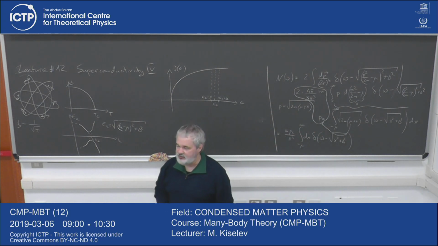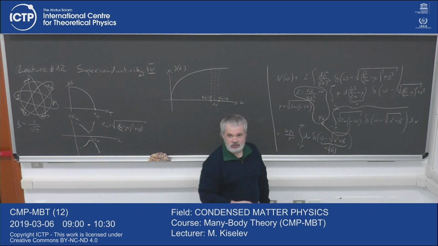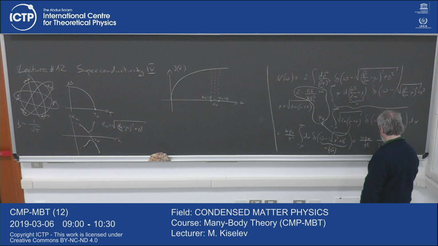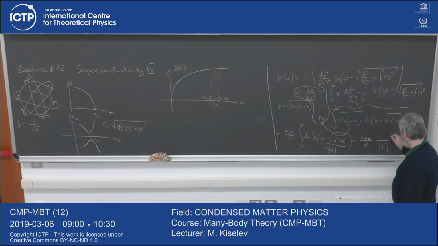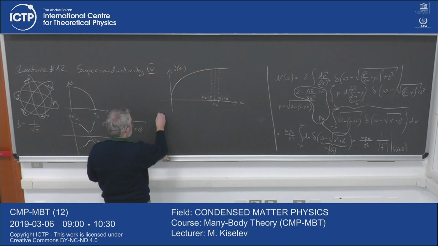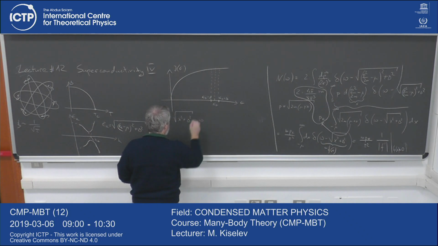The delta function is an even function of its argument, and if I say that this is function f(x), then using the rules of calculating an integral with a delta function, this is m pF over pi squared, and I have 1 over the modulus of f prime at the point where f(x) is equal to 0. So I need to find the node of f(x), find the derivative, and then I'll get the density of states. Okay, so f(x) is square root of x squared plus delta squared minus omega.